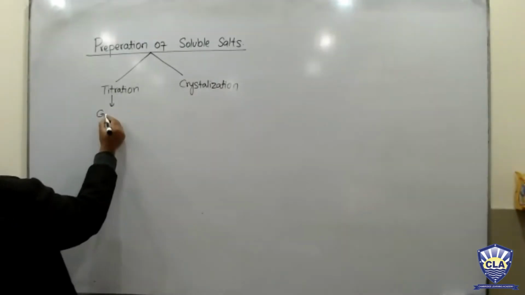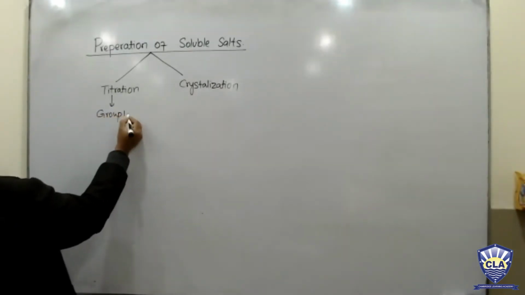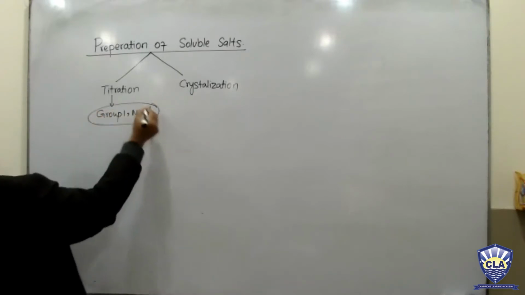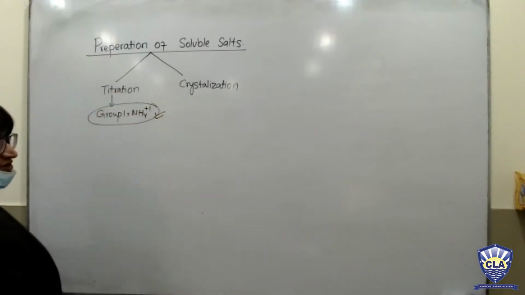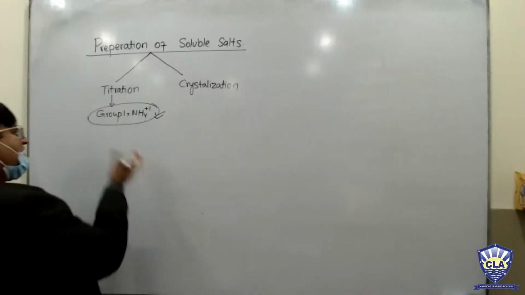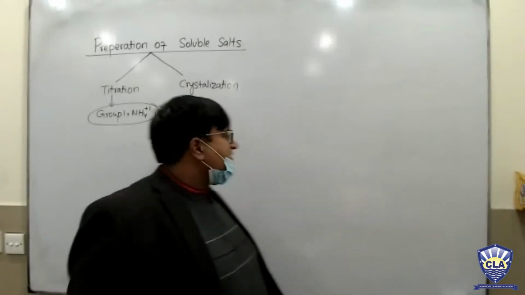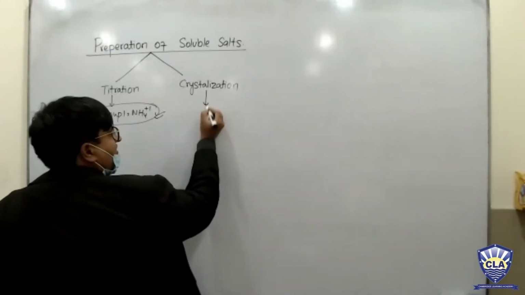You can use titration if the salt is soluble and contains a group 1 metal or ammonium, NH4, inside it. If any other metal than group 1 or ammonium is present, then you can use the crystallization method.